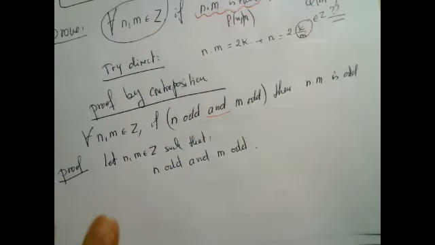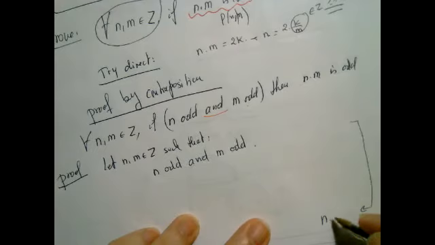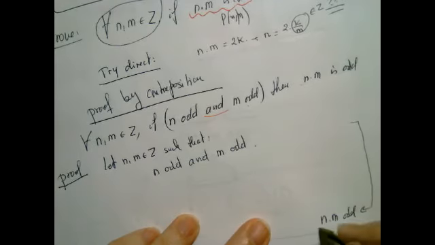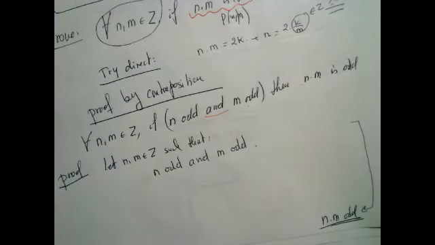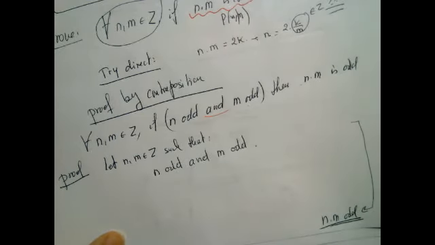Okay, and somehow I have to convince you that nm is odd. So that's what I know about n and m. That's really my ultimate goal right there, that the product is odd.